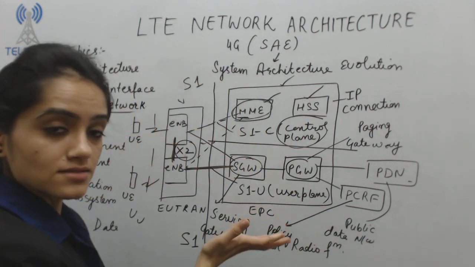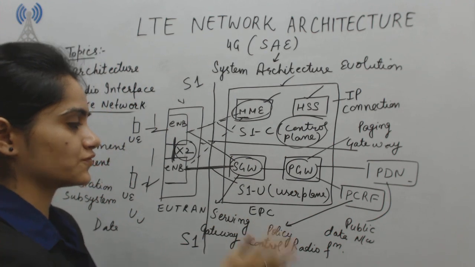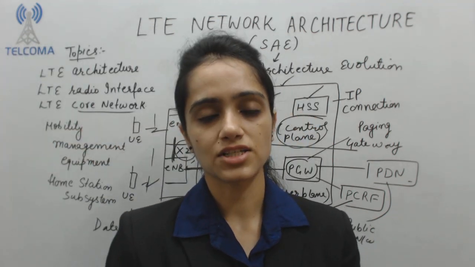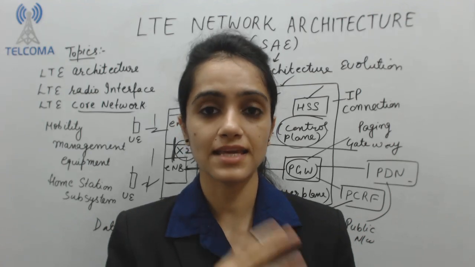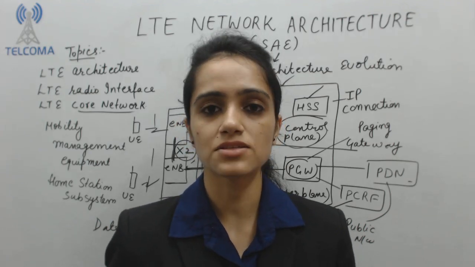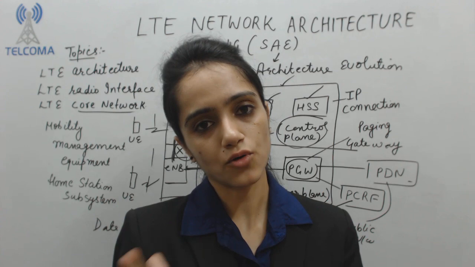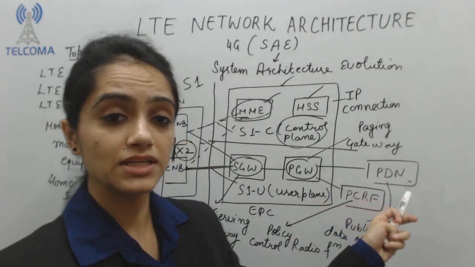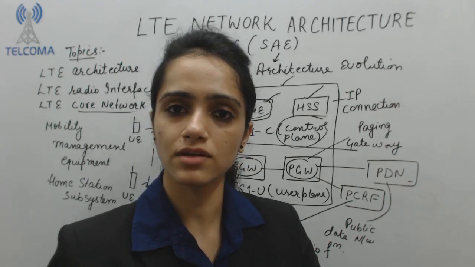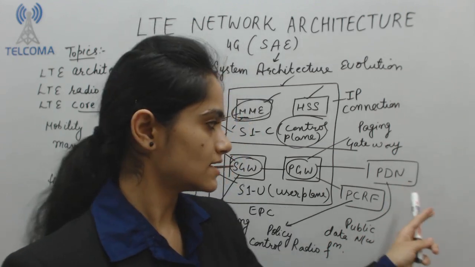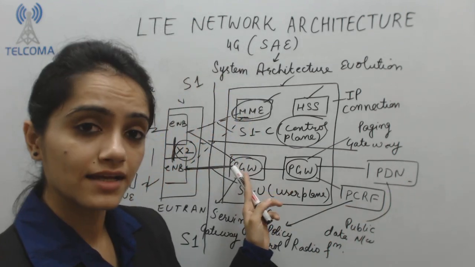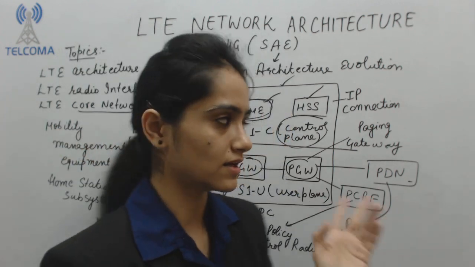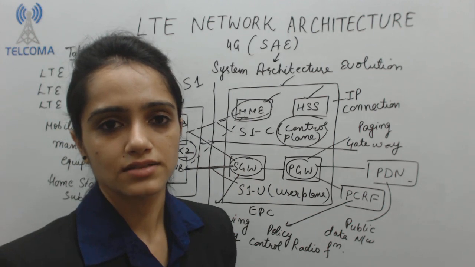For user plane, we have the serving gateway, which has functionality the same as that of SGSN. That means data packet routing and transfer, saving the IP address, and connectivity with the PDN, the external network of any database. All routing of data packets is with the serving gateway.